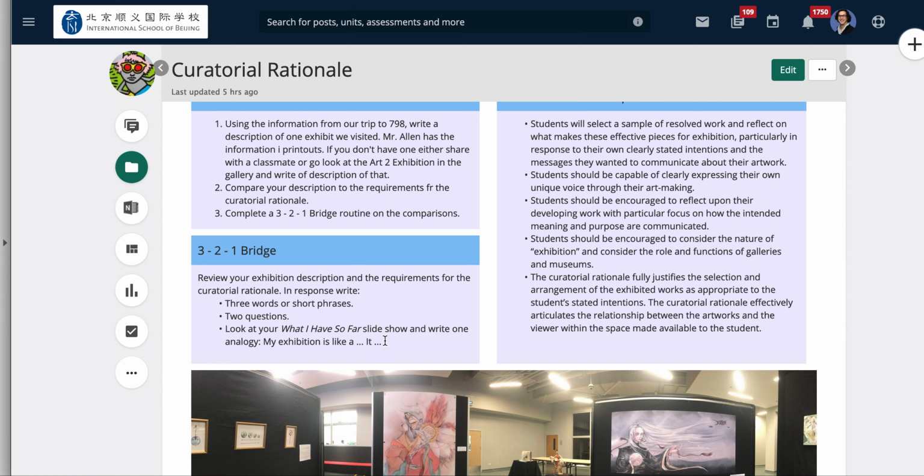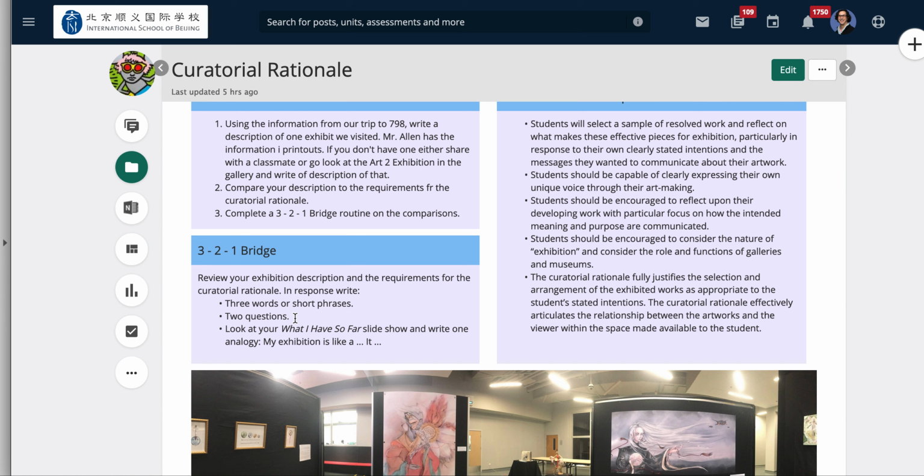Somebody wrote something good today about how their exhibition is like a horror story. I can't remember exactly the justification. I was comparing my exhibition to a fiery chicken, kind of frightening and exciting, but not quite ready for public consumption. You write this analogy and put it right onto the slideshow. Put it on the first or second screen of that slideshow and just leave it there.